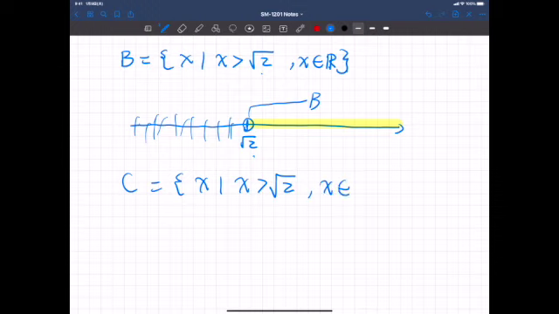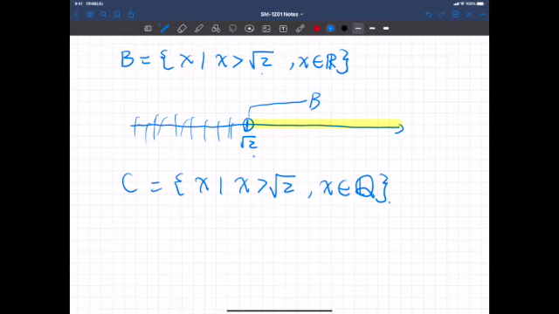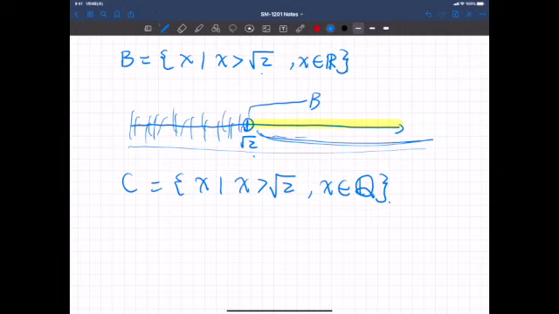So rather than the set of real numbers, it's a set of rational numbers. So it's almost the same as this, but this set C includes only rational numbers in this region. Okay, so any number less than or equal to square root of 2 is a lower bound of C. And of course, there are no upper bounds for C.